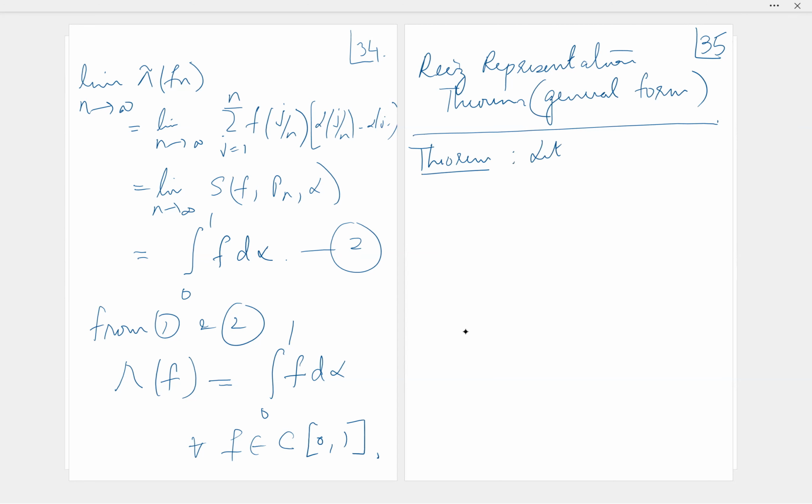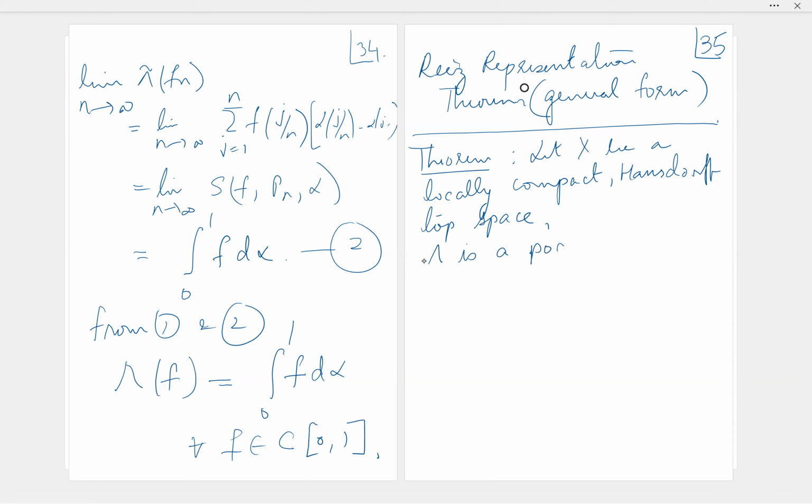Let X be, and if you don't understand many of these terms, don't worry, we'll come back to them, a locally compact Hausdorff topological space, and delta is a positive linear functional.